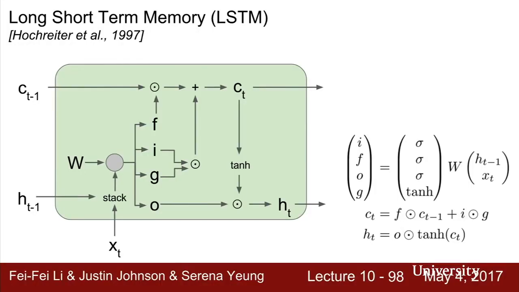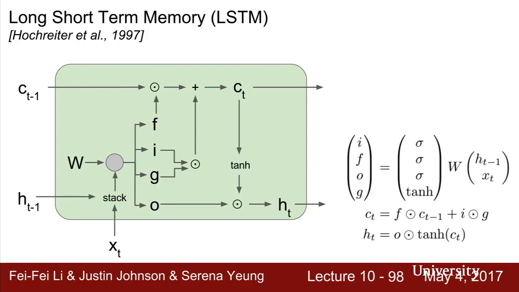And then I think there's kind of a tradition in people trying to explain LSTMs that everyone needs to come up with their own potentially confusing LSTM diagram. So here's my attempt. Here we can see what's going on inside this LSTM cell: we're taking as input on the left the previous cell state and the previous hidden state, as well as our current input x_t. We take our previous hidden state and our current input, stack them, and multiply with this weight matrix W to produce our 4 gates.